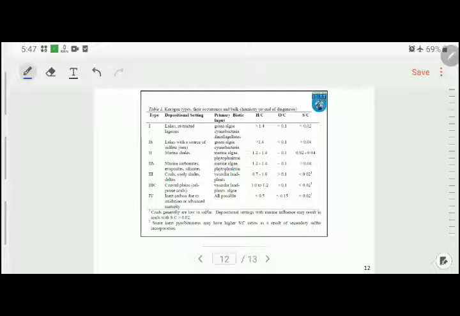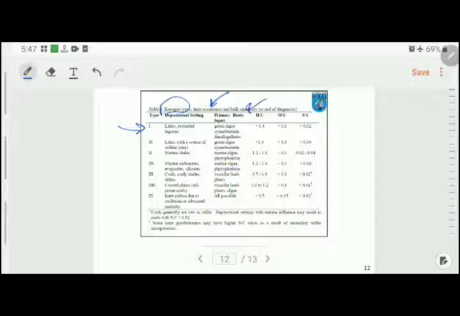General composition may be described by its formula, which is discussed below. Here in this table we have the kerogen types, their occurrence, and their chemistry.